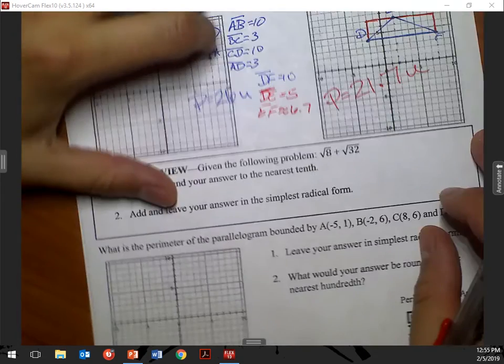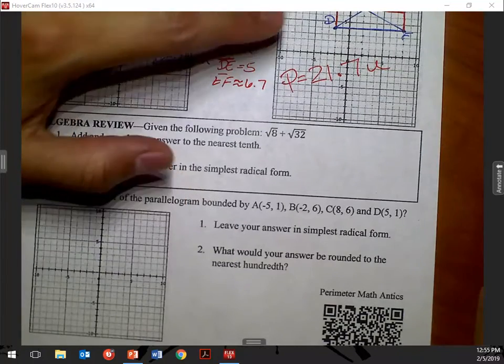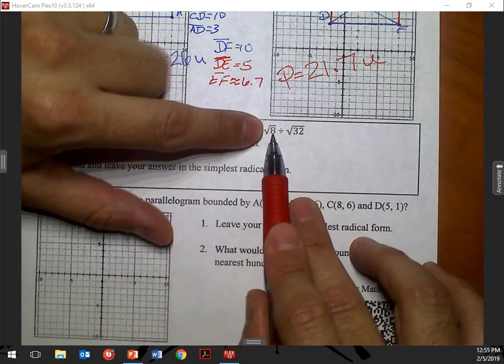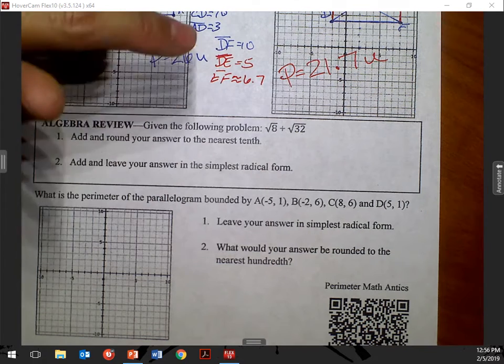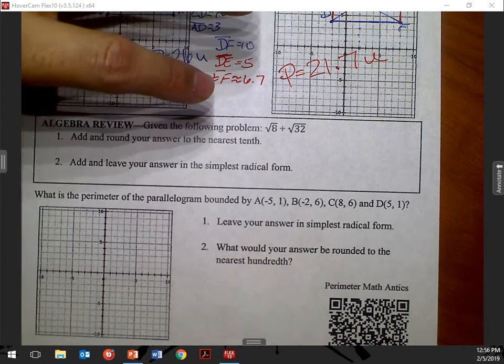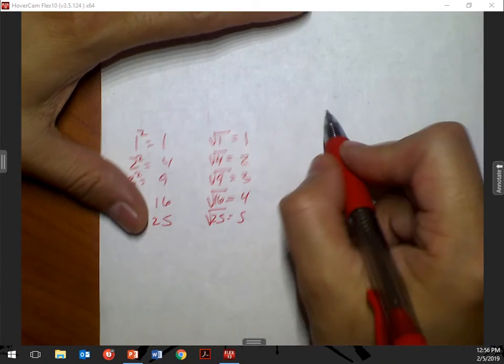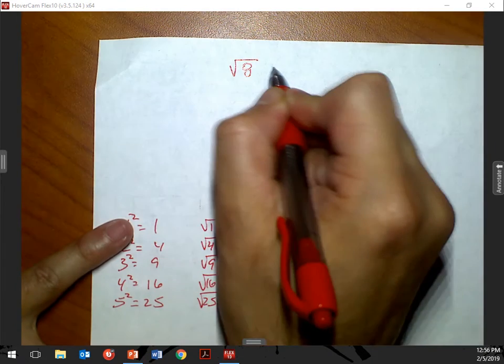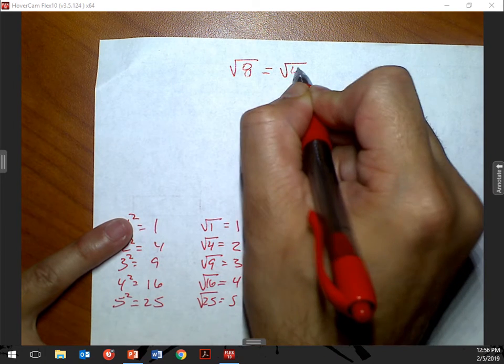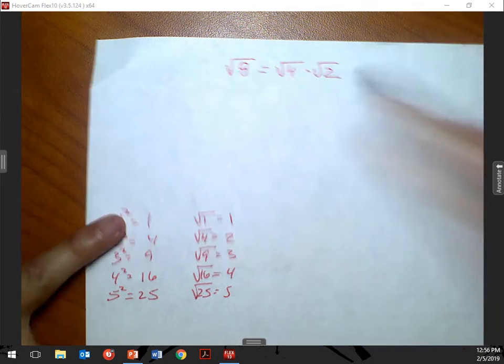Now we're going to do some algebra, so we're going to factor these down. What times what is 8 but gives me one of my perfect squares? 4 times 2. So the square root of 8 is the same as the square root of 4 times the square root of 2.